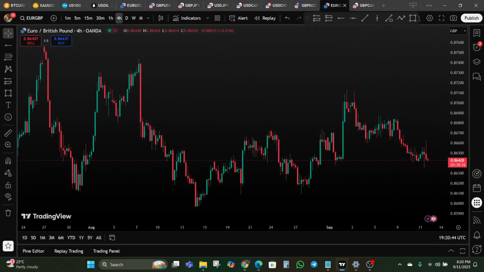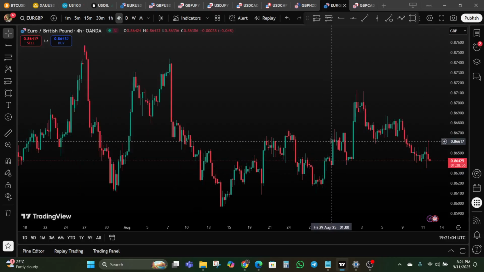This particular lesson is all about the ICT Swing Trading Strategy. It's a powerful approach that uses smart money concepts to capture bigger moves on higher time frames. Swing trading is about holding trades for days or even weeks, and the ICT framework gives us the tools to understand how institutions drive these larger market shifts.